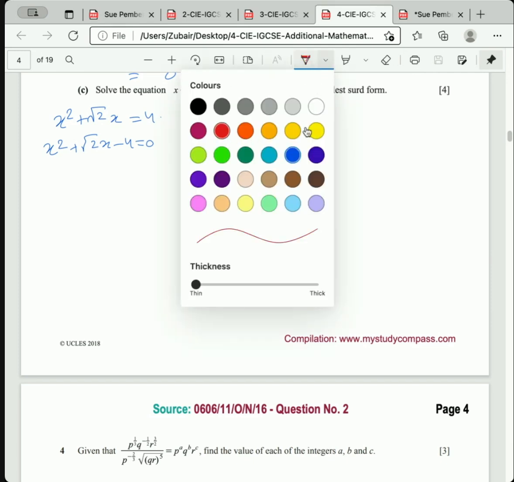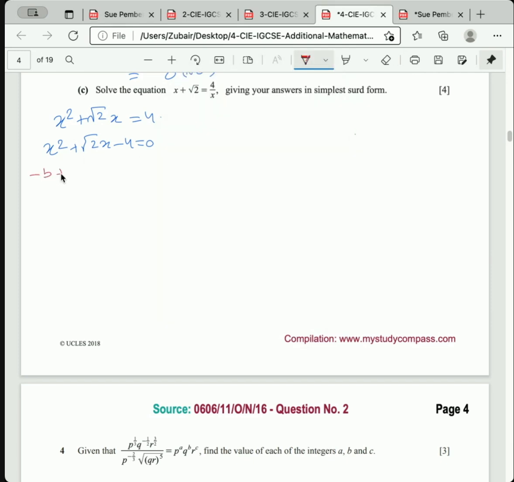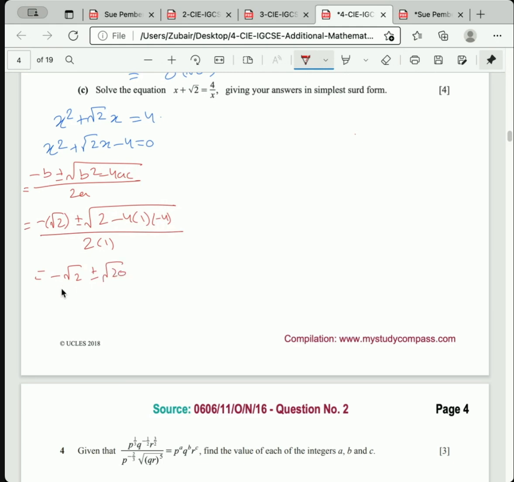I'm using the quadratic formula: minus b plus minus square root b square minus 4ac over 2a. Minus b plus minus b square is 2, minus 4 into a is 1 and c is minus 4, over 2a. Minus square root 2 plus minus, 4 times 16 plus 2 is root 20 by 2.